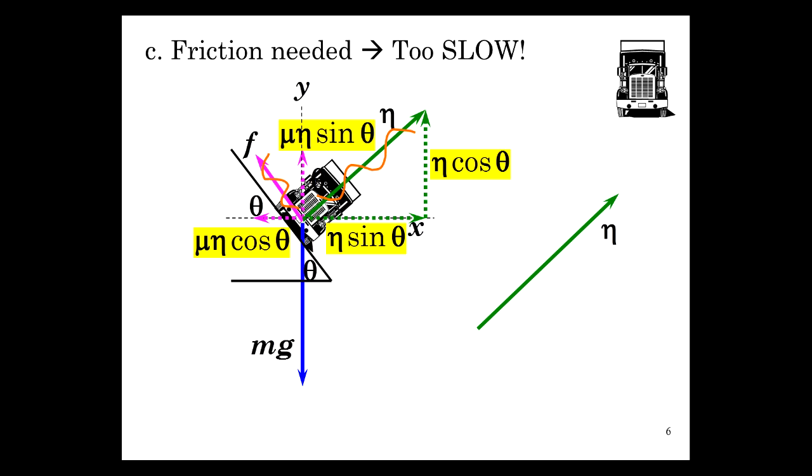Let's take a look at how these vectors add. So we have the normal, we have the friction to the upper left off the tip of the normal, and then weight straight down, giving us the centripetal force. And of course, you'll notice the difference from the previous situation, where we had the friction force going off here, and then the weight down, and then this whole distance was the centripetal force.